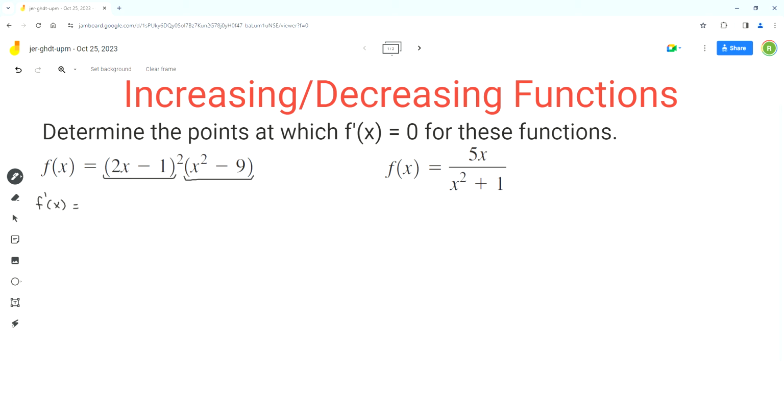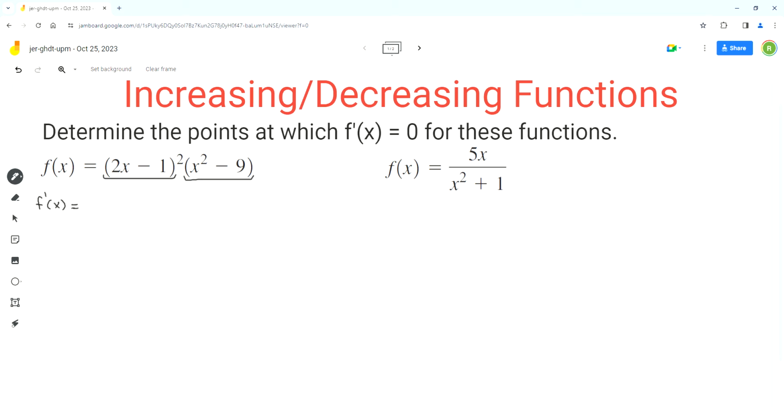equals. For the product rule, we'll start with the derivative of the first function, so (2x minus 1) squared. We'll have to use the chain rule because this function has an inner function 2x minus 1, and the outer function is the exponential function with the exponent 2. So we start with the derivative of the outer function, and for that we'll use the power rule.